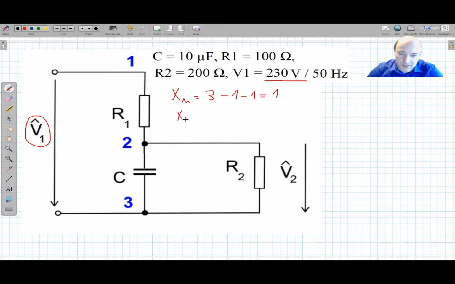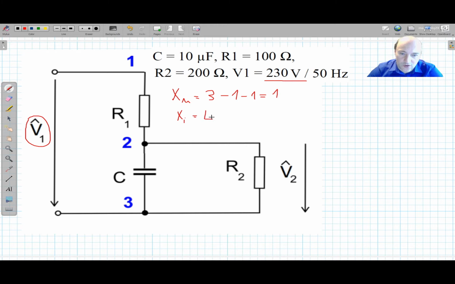For the mesh method we need to calculate the following. We need the number of components. So we have 1, 2, 3 and 4 components. This includes the power supply voltage as well.